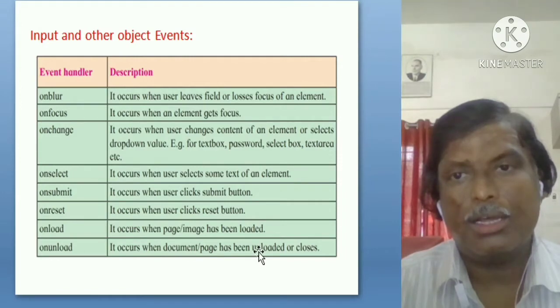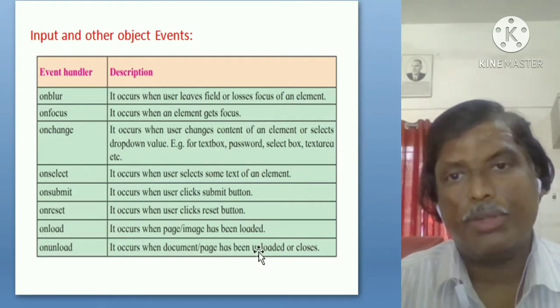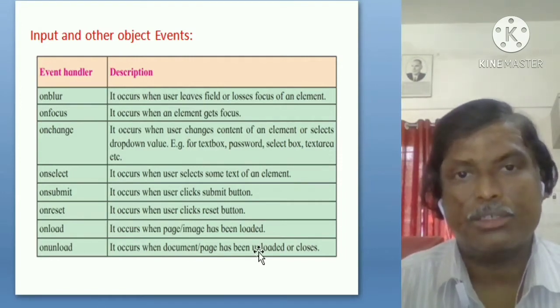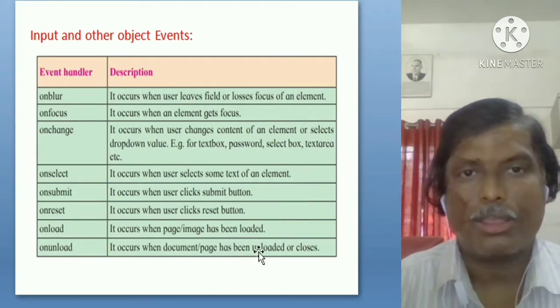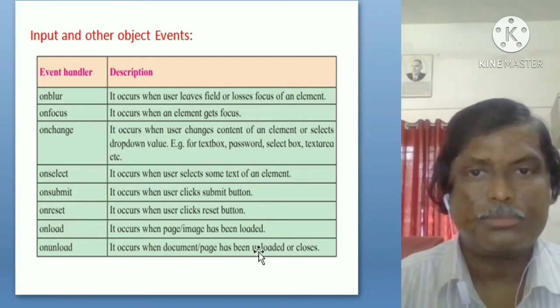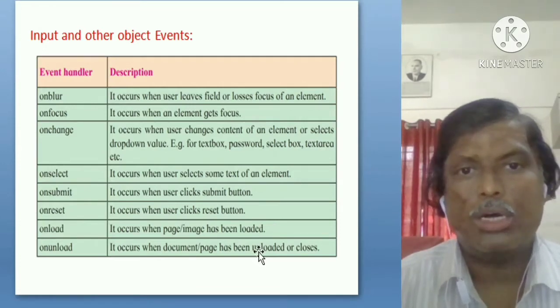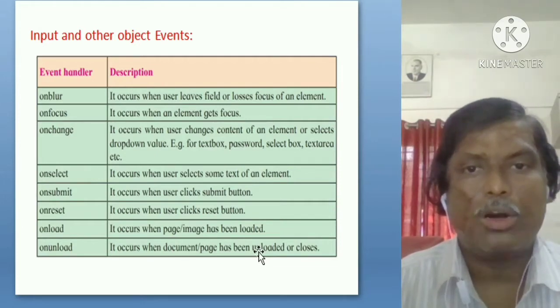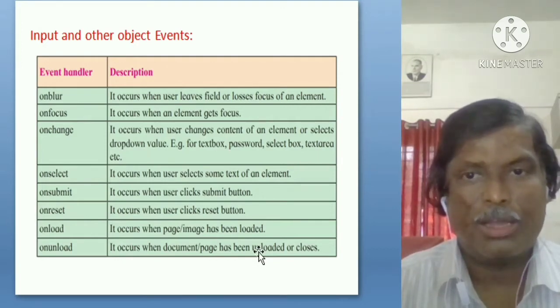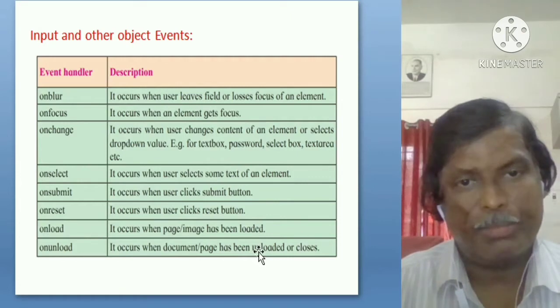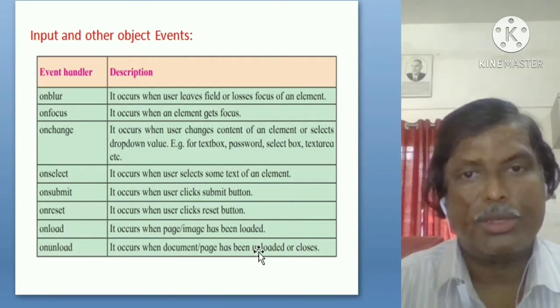So when you select, it will change. That is also called the onChange event handler. After that, the next event handler is onSelect. It occurs when user selects some text of an element. onSubmit occurs when user clicks the submit button.